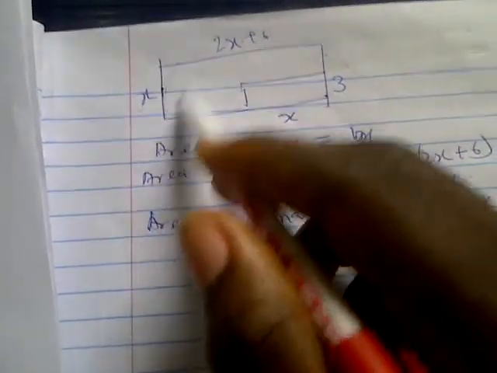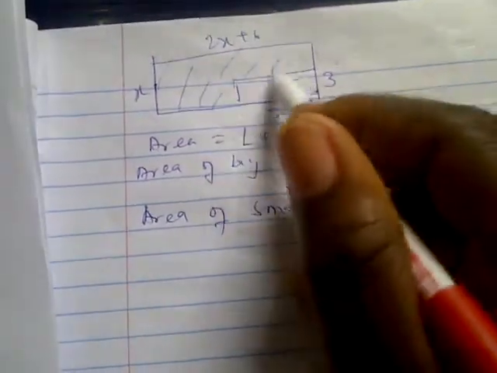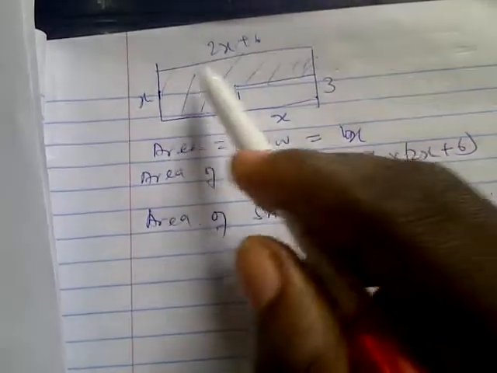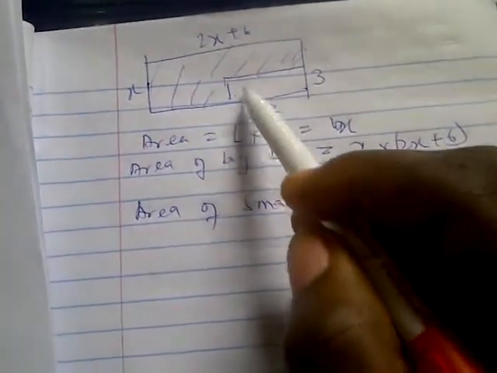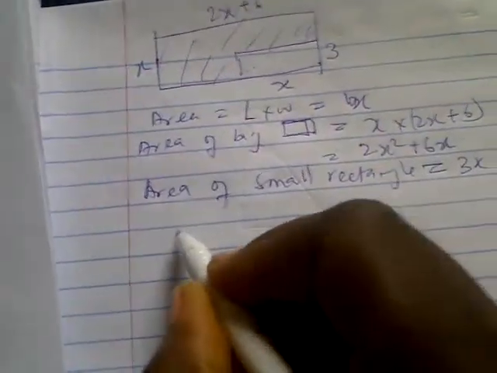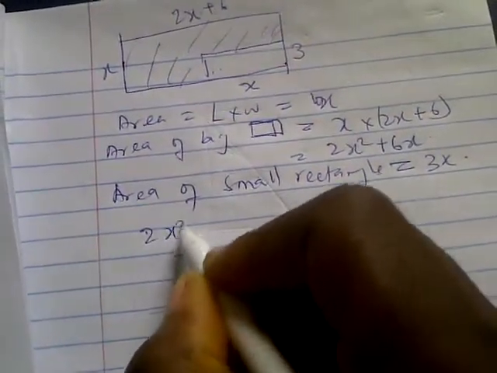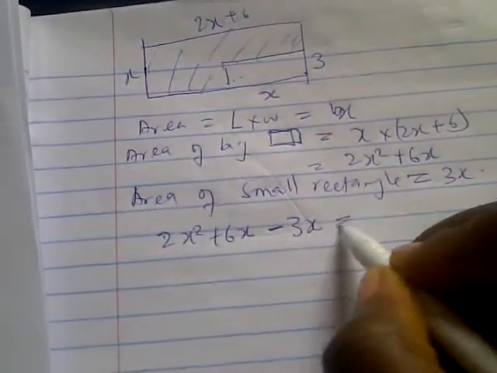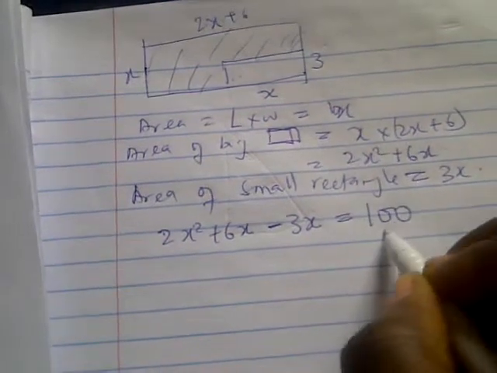That's this other one, this shaded part now. To get that, you just subtract this small area from the large area. So the area left is going to be 2x squared plus 6x minus 3x is equal to 100. We're given that it is 100.